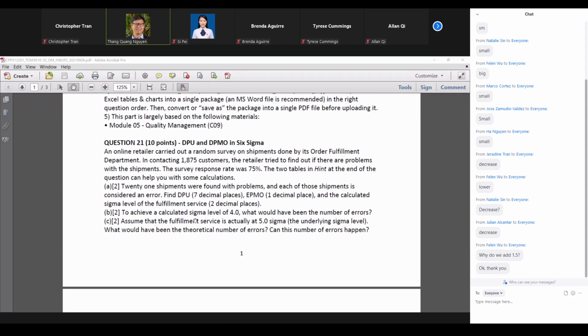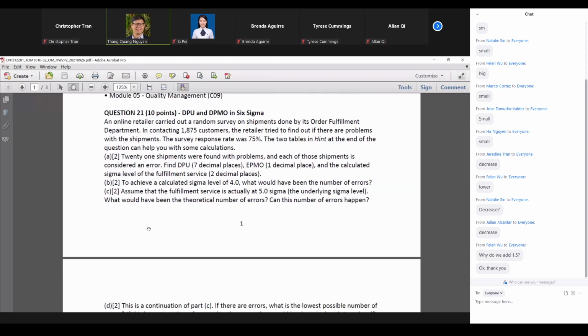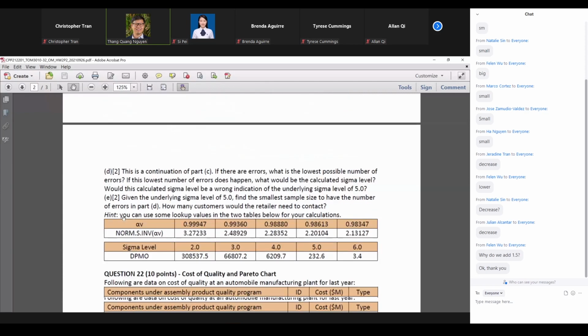Similarly, in part C, assume that the fulfillment service is actually a 5.0 sigma. Then what would have been the theoretical number of errors? So B and C are quite similar. To answer B and C, we're going to use the second table right here.